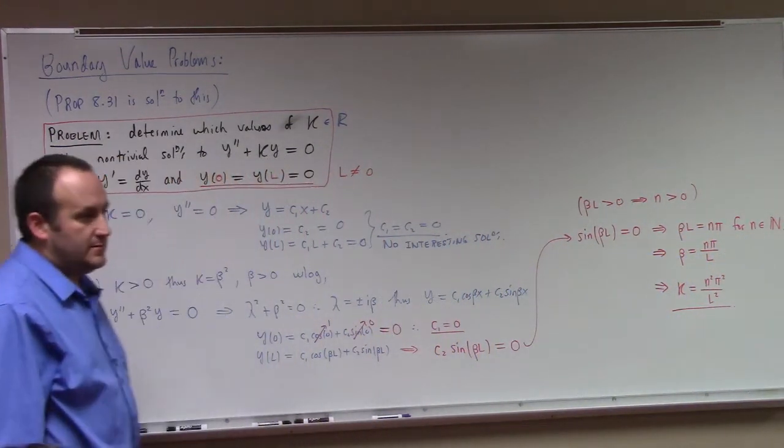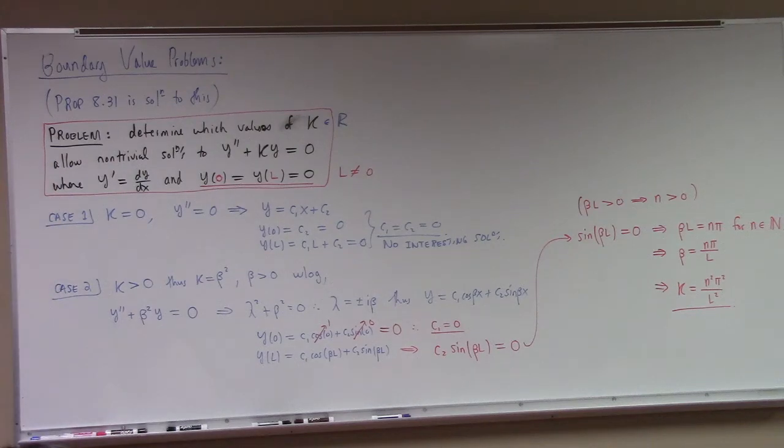So apparently not just any value of K will do. There are infinitely many choices of K which will do, but they're rather specific choices, aren't they? K has to be n squared pi squared divided by L squared to find a non-trivial solution to this boundary value problem.